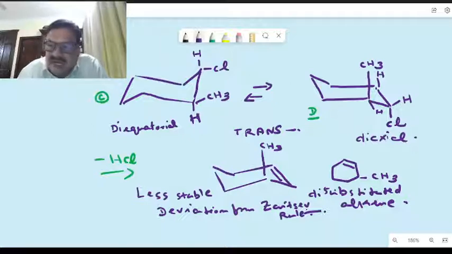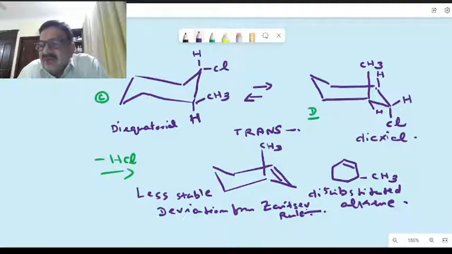The E2 reaction requires the hydrogen and chlorine to be trans and diaxial. Correct? And with the trans isomer, this is possible only when the less stable alkene is formed as the product here. Okay, that is, the more substituted alkene is not necessarily the major product, as in the case of an E2 elimination reaction with the substituted cyclohexanes.